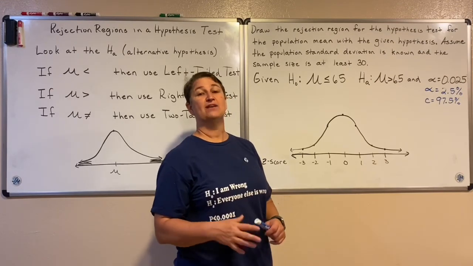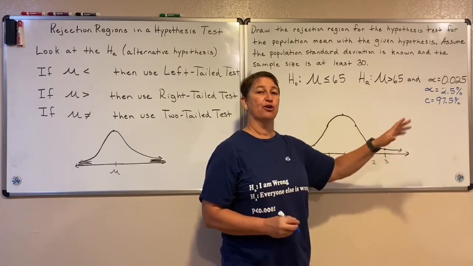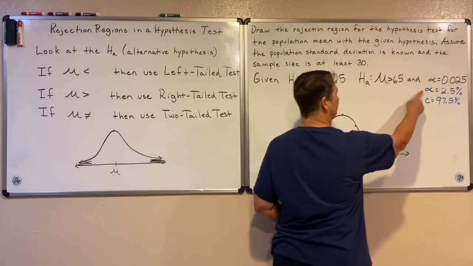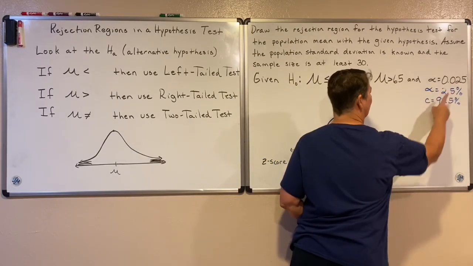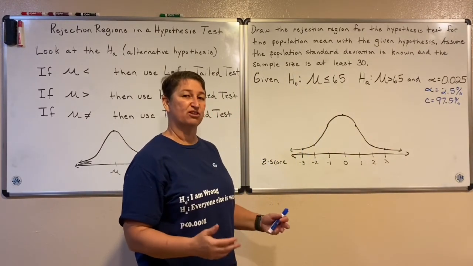Now the question is, how far out there is statistically significant? How far out there is far enough? And the level of significance tells us that far enough value. And this 2.5%, so I'm looking for something that only happens 2.5% of the time.